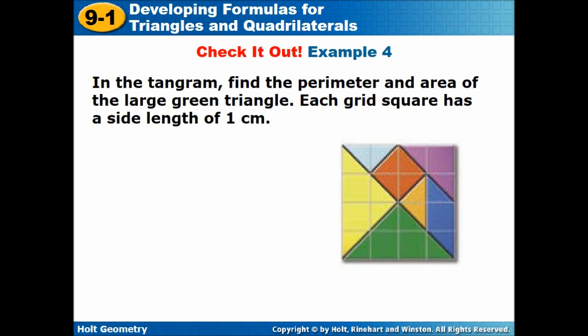And you should note that each grid square has a side length of 1 centimeter. So use your formulas for area and perimeter to solve this particular problem. And make sure you put it in your notes, and then we will report out at the end. Thank you very much.